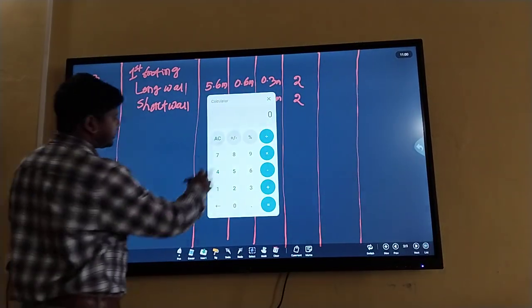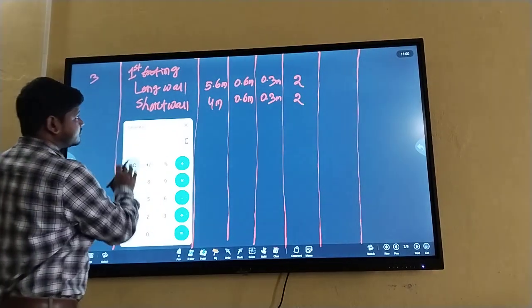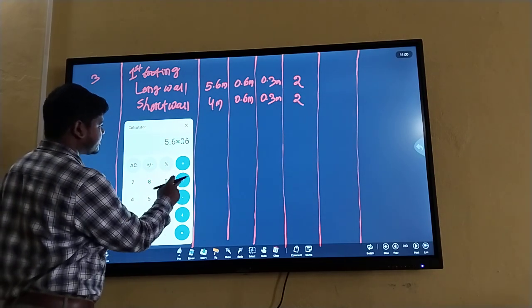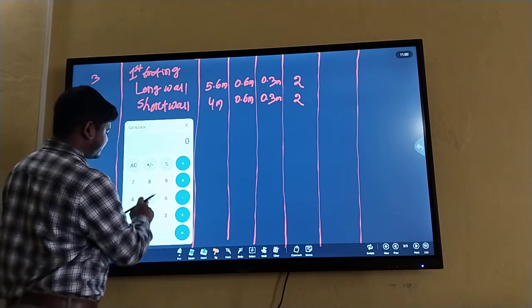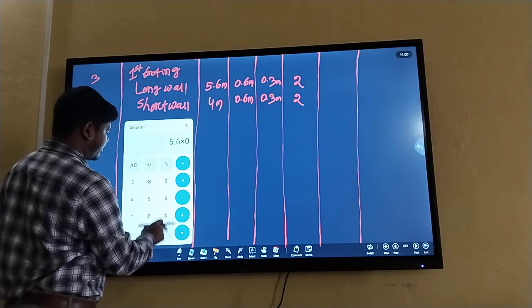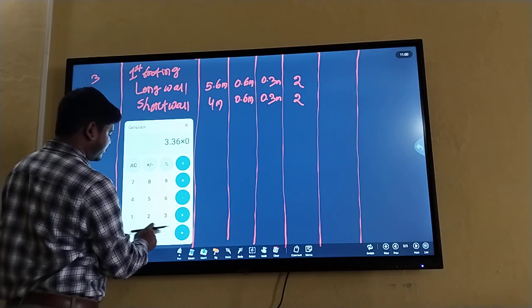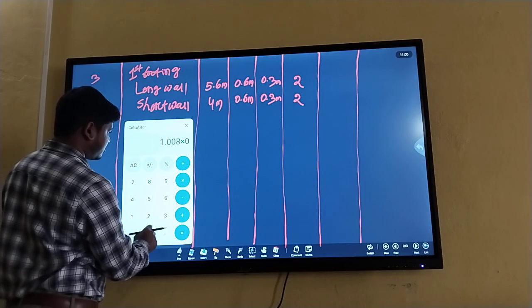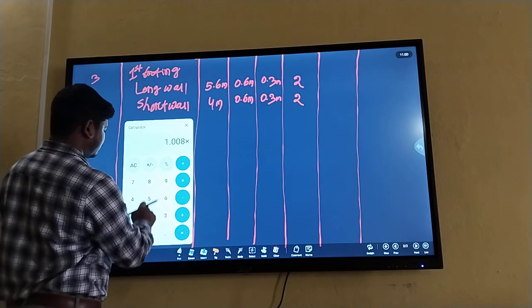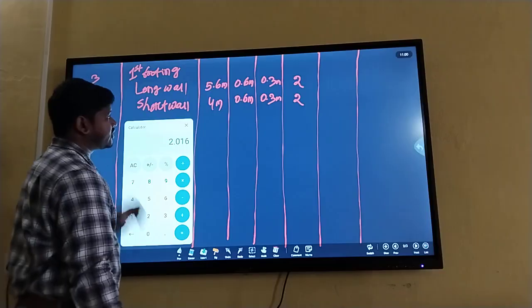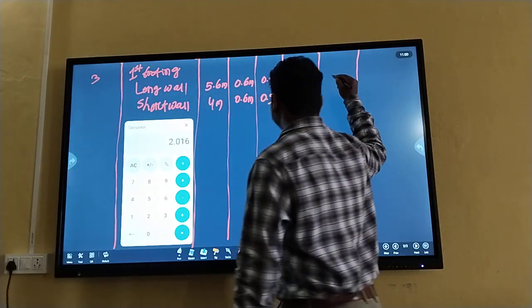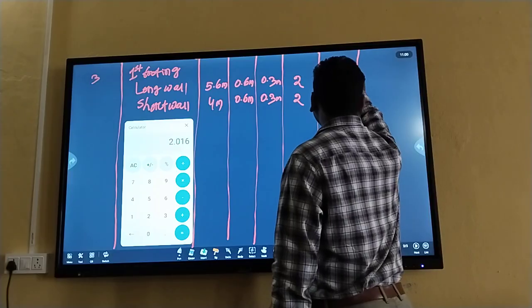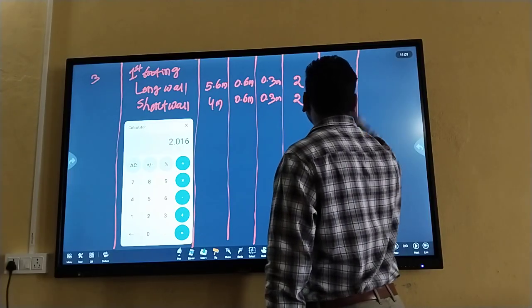Then quantity will be 5.6 into 0.6 into 0.3 into 2, which is 2.016 meter cube for long wall.